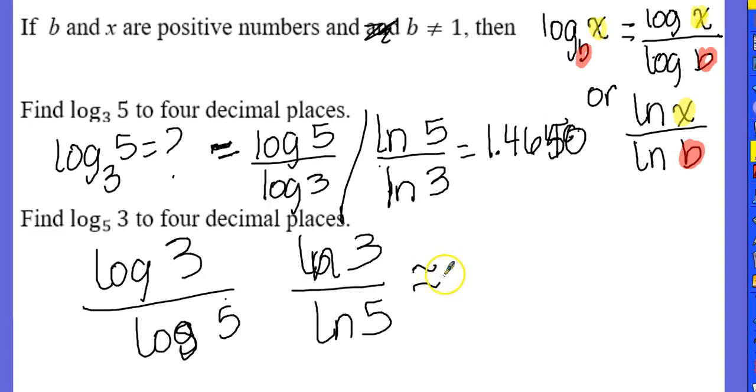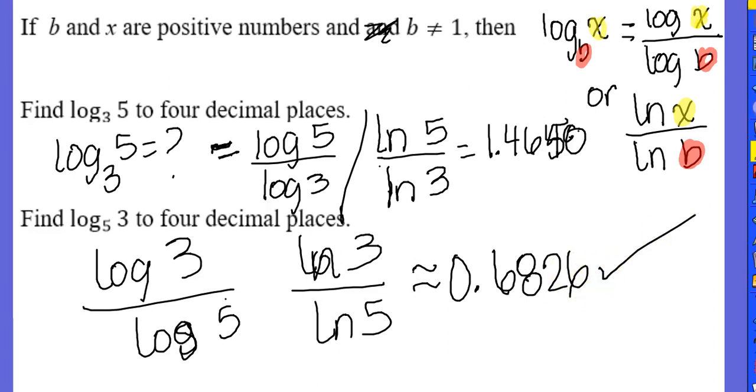I think it should be less than 1, because it's 5 to some power equals less than 5. So point... Come on, guys. On this side, somebody. 0.6826 on that side. Same thing.